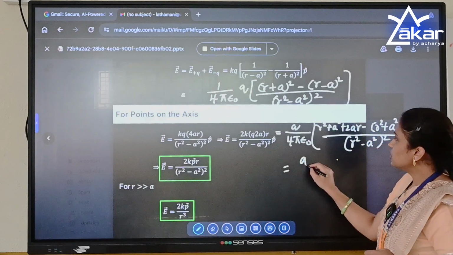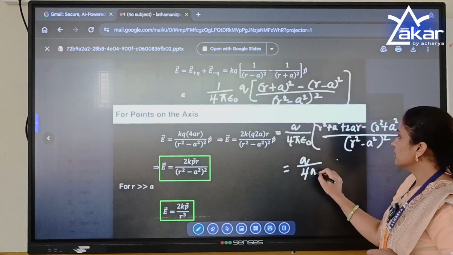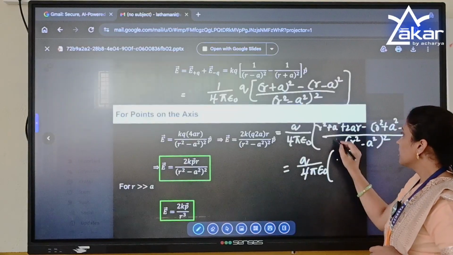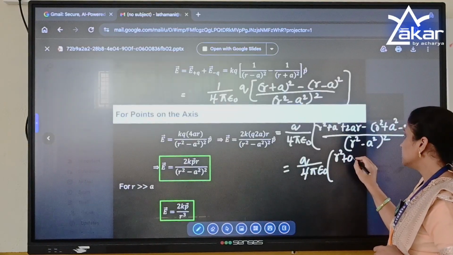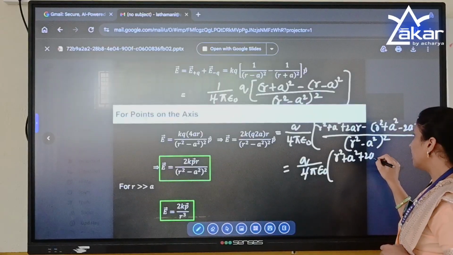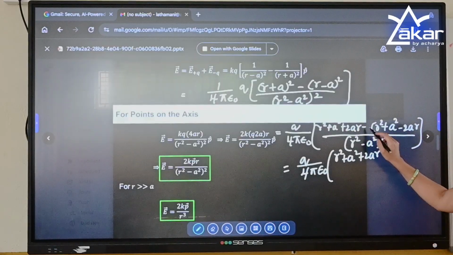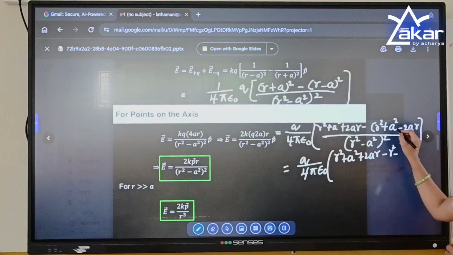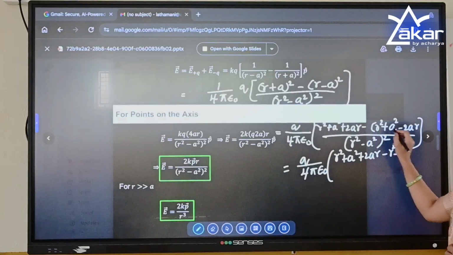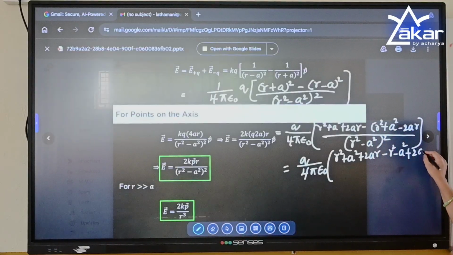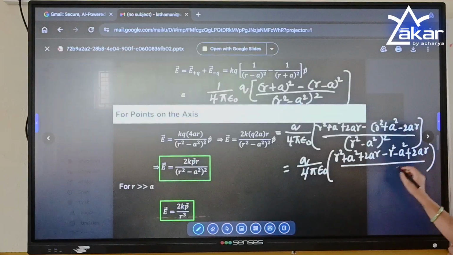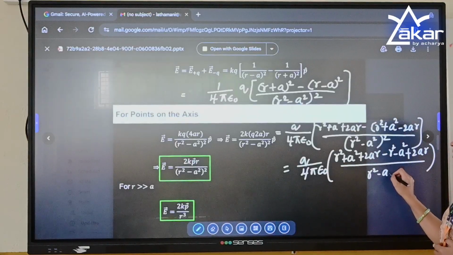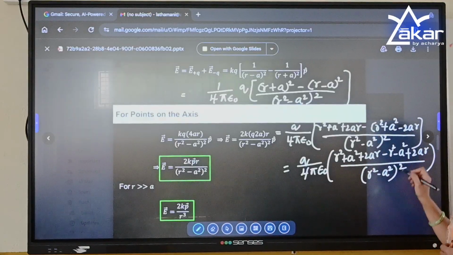So the next step is Q by 4 pi epsilon naught, into R square plus A square plus 2AR minus R square minus A square plus 2AR, divided by (R square minus A square) whole square.